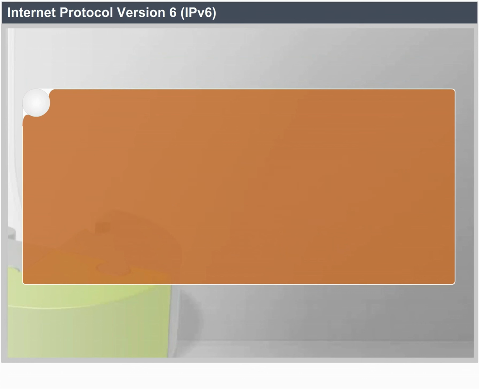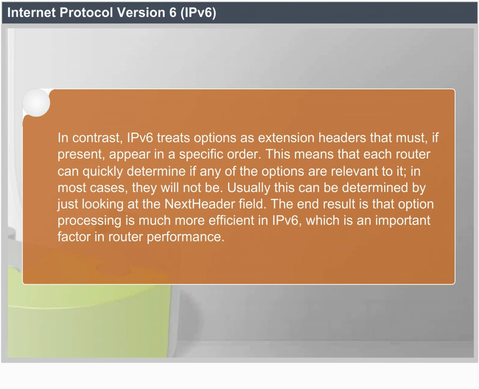In contrast, IPv6 treats options as extension headers that must, if present, appear in a specific order. This means that each router can quickly determine if any of the options are relevant to it. In most cases, this will not be. Usually, this can be determined by just looking at the next header field.